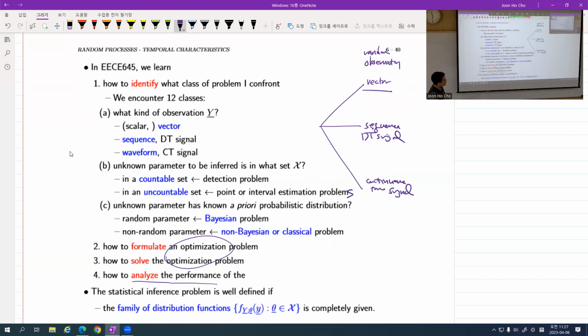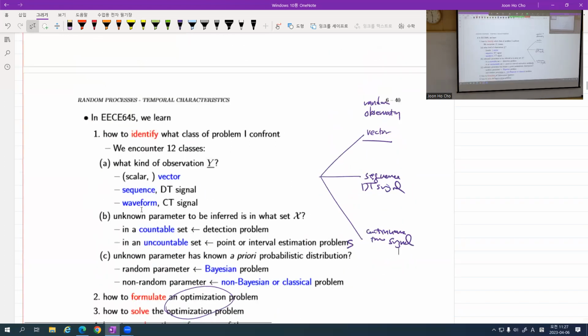We need some kind of pre-processing, or sometimes we have totally different criteria when we have a vector or some signal. So I usually divide the course into 3.